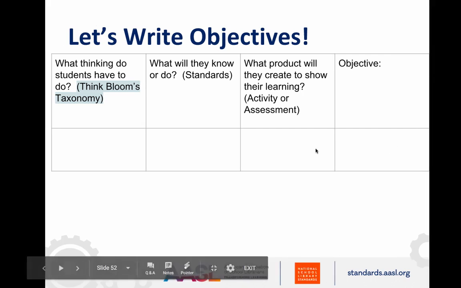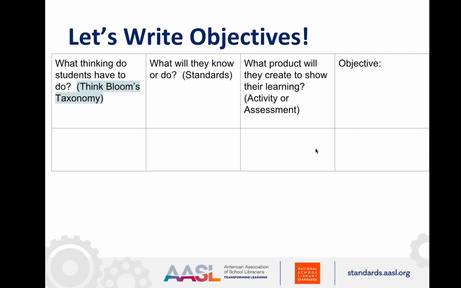So why did we go to the trouble of generating those objectives? Was it just to fulfill something on the team rubric? Or was it to have something to post on my wall for walkthroughs by administrators? No. We went through the objective creation so that we have a very clear idea of the purpose and intention of this lesson.